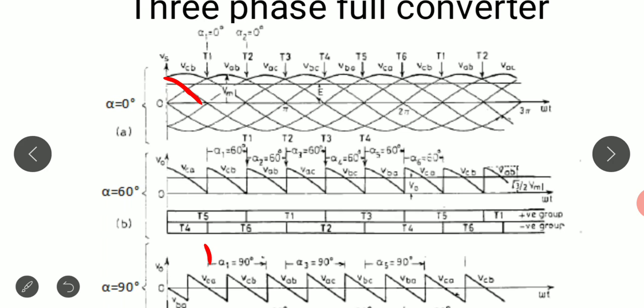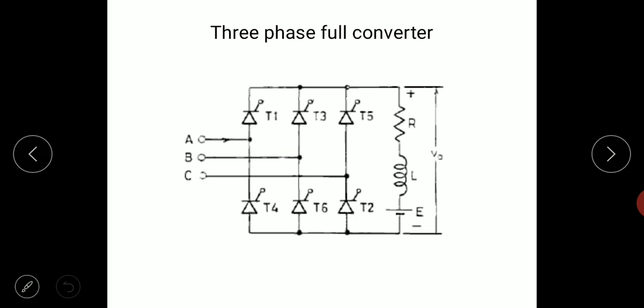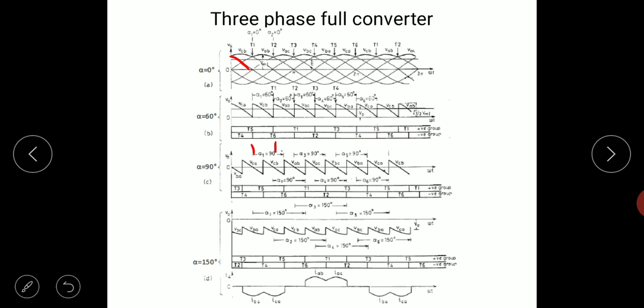Then in second interval we have conduction of T5 and T6. If T5 and T6 are conducting, then C will come at the upward side, and along with the T6 thyristor, B will conduct at downward side. So now the voltage will be VCB voltage. Okay, so let us check what is VCB voltage in this second interval.